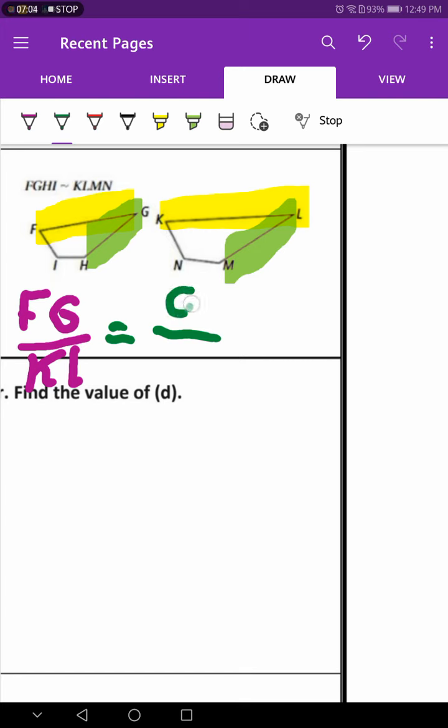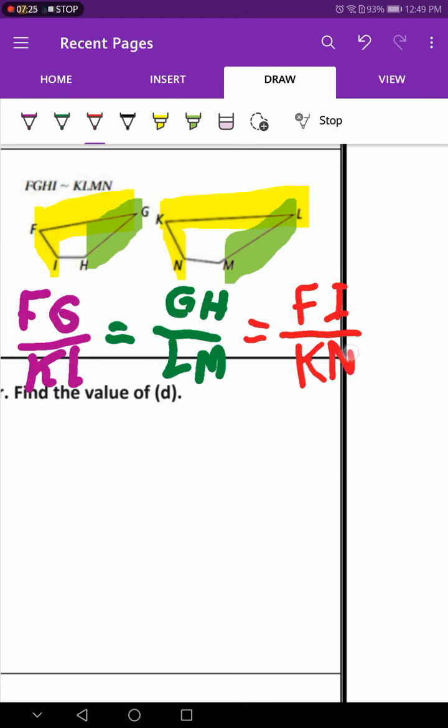GH with LM. Okay, the third one, hurry up. Yes, FI with KN, great. FI corresponding with KN, and for the last corresponding sides, you say it like this. Remember that.